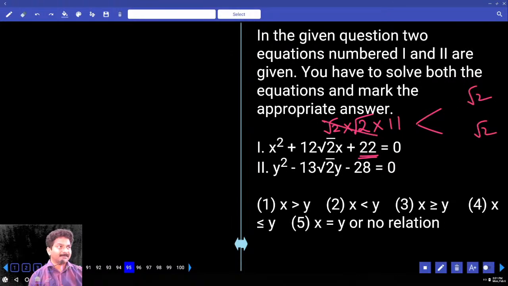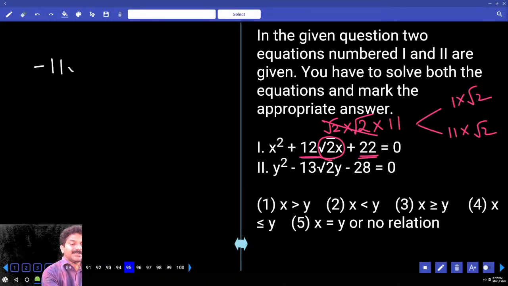This is over. Now, apart from root 2, how much number we have? 12. So 11 we need to use as a product and sum must be equal to 12. I will write 11 as 1 into 11. So our combination is 11 root 2 and then root 2. Factors are minus 11 root 2 and then minus root 2.